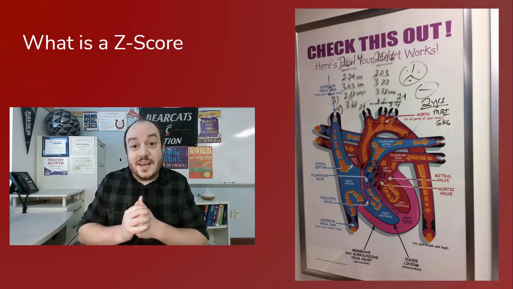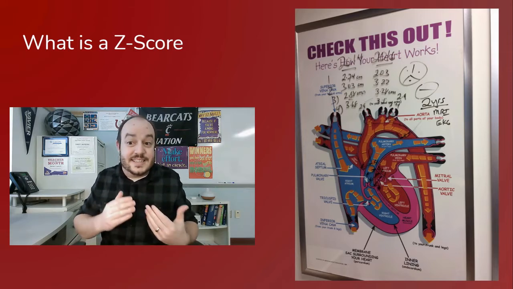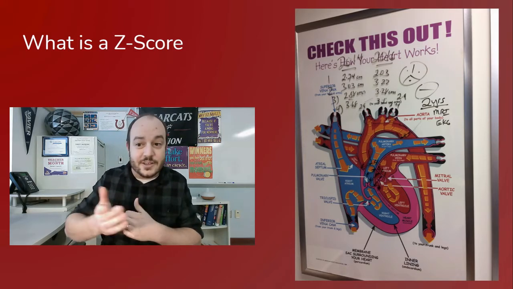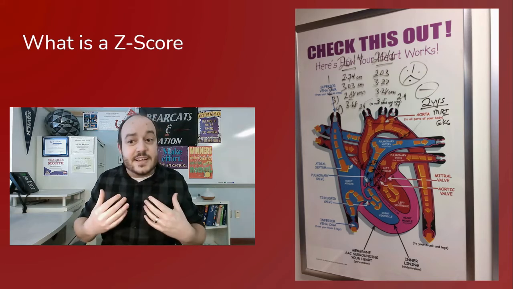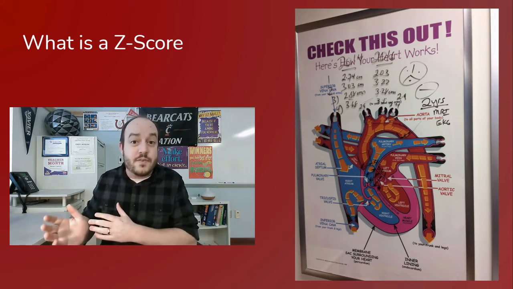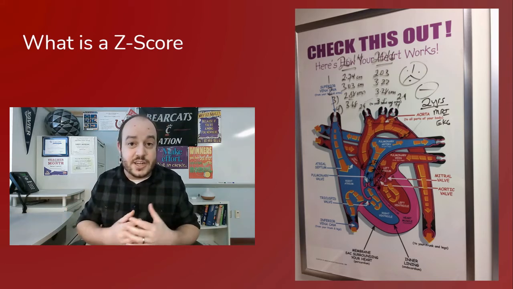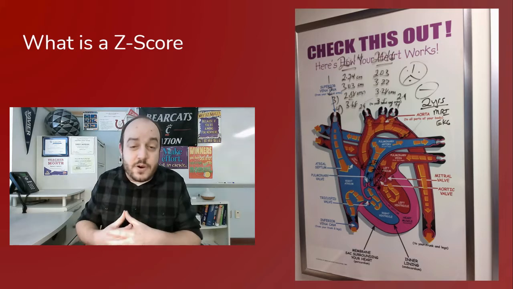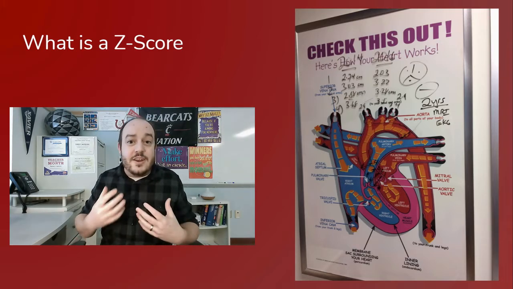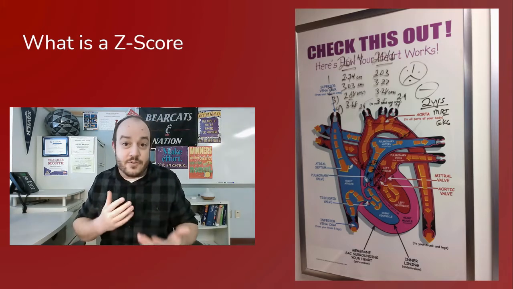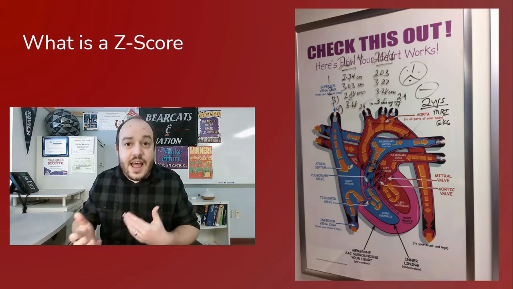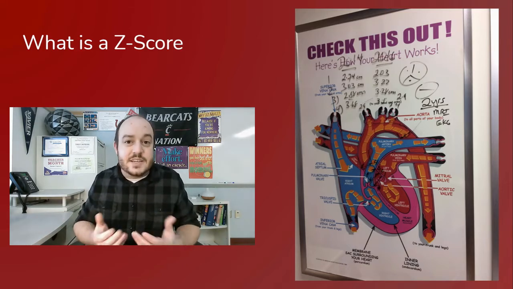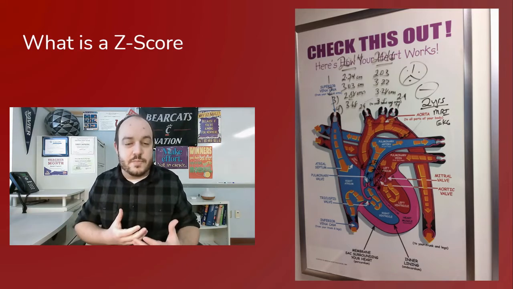So when he says that my heart artery diameter has a z-score of 3.28, like you see in the diagram right here, that tells me that I'm so far away from the mean of the rest of the population that there is some reason for concern. So even though I know nothing about the actual average centimeter of heart arteries, I'm able to still discuss it by knowing how I compare to the rest of the population.